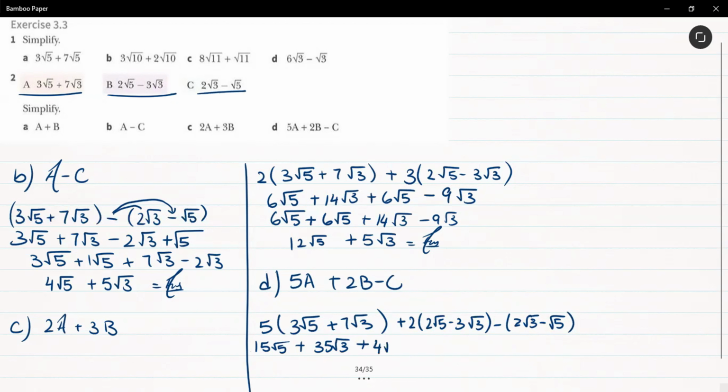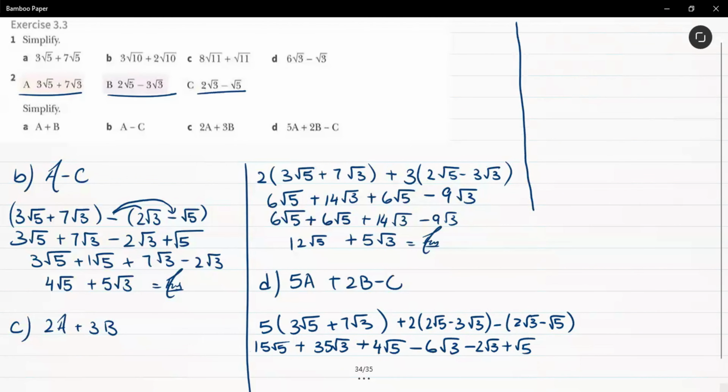So this is going to be 4 under root 5, minus, because 2 multiplied by 3, so minus 6 under root 3, minus 2 under root 3. And this will be positive under root 5. Again, it's really essential to write everything in a bracket before you add up, because it's basically multiplying everywhere. So the negative sign multiplied by negative under root 5 will give us positive under root 5.